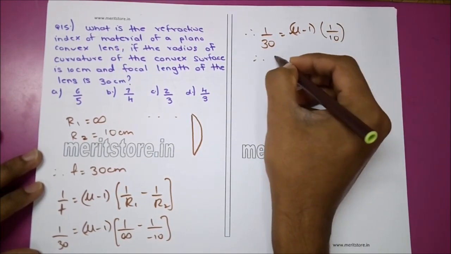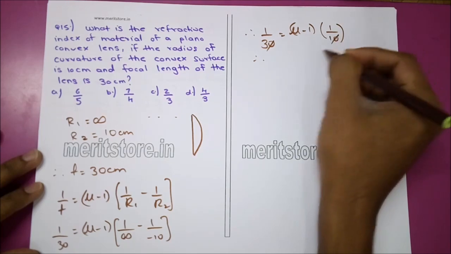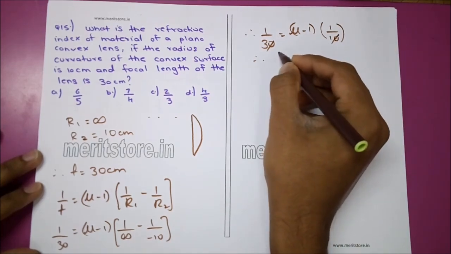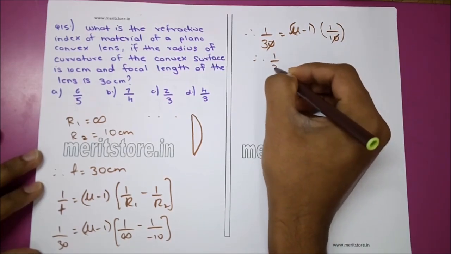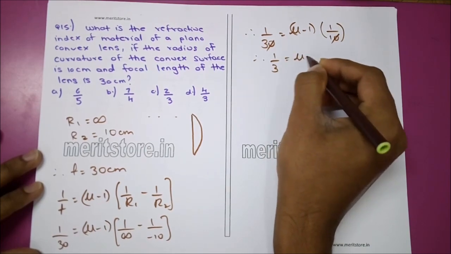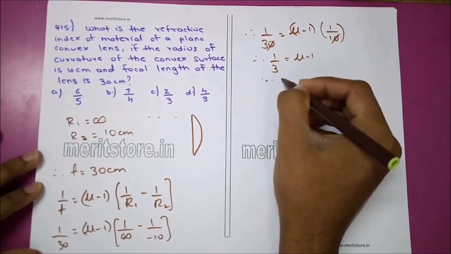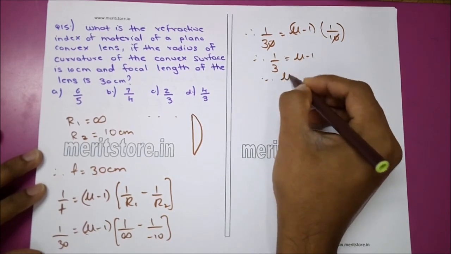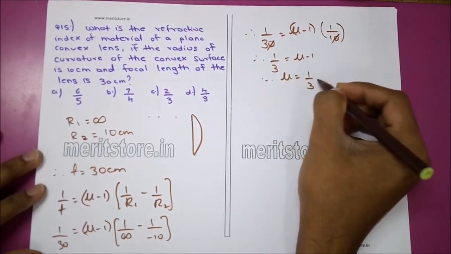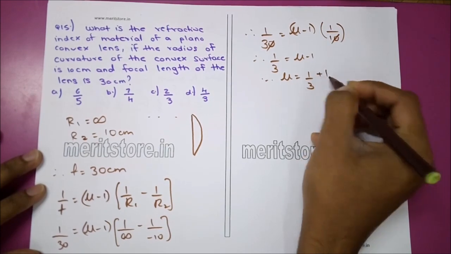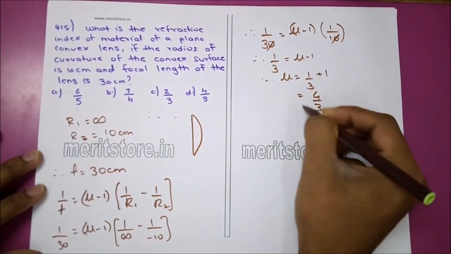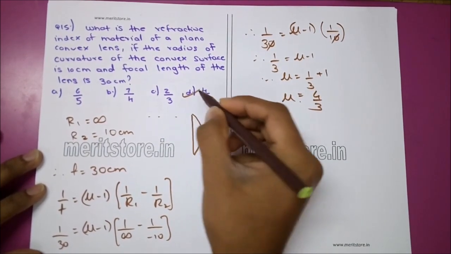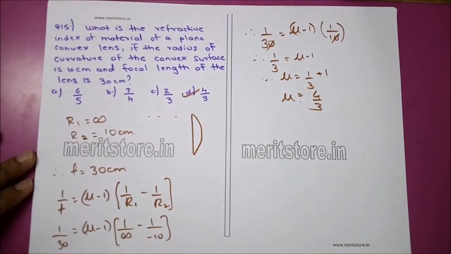So this and this get cancelled, and 1 by 3 is equal to mu minus 1. So therefore mu is equal to 1 by 3 plus 1, that is 4 by 3. Hence option D is the correct answer.